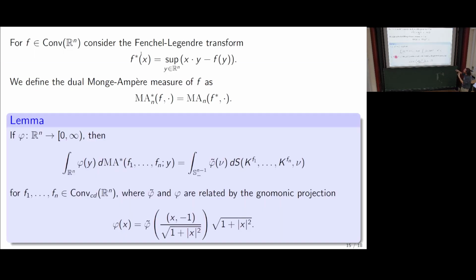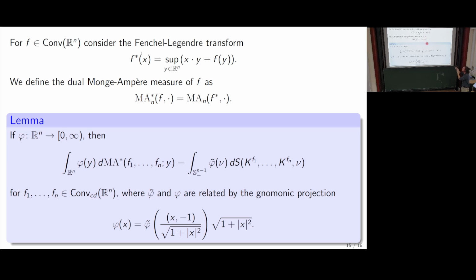Well, when I was previously talking about duality, I was implying the Fenchel-Legendre transform, which sort of behaves as polarity for convex bodies. And for practical reasons, we will consider now dual Monge-Ampère measures, but it's nothing too fancy. We have f, and we consider the Monge-Ampère measure of the Fenchel-Legendre transform of f.